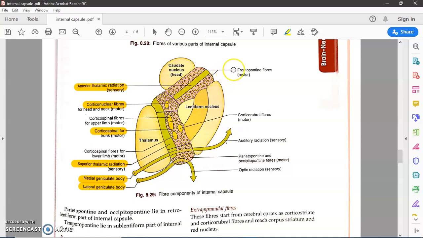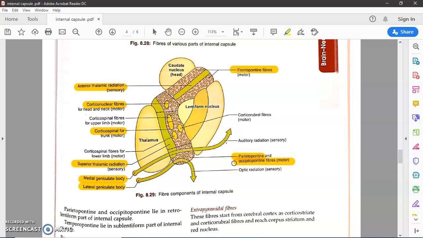Frontopontine fibers pass through the anterior limb, genu and posterior limb of the internal capsule. Parietopontine fibers pass through the retrolentiform part. Temporopontine fibers pass through the sublentiform part. Occipitopontine fibers pass through the retrolentiform part.